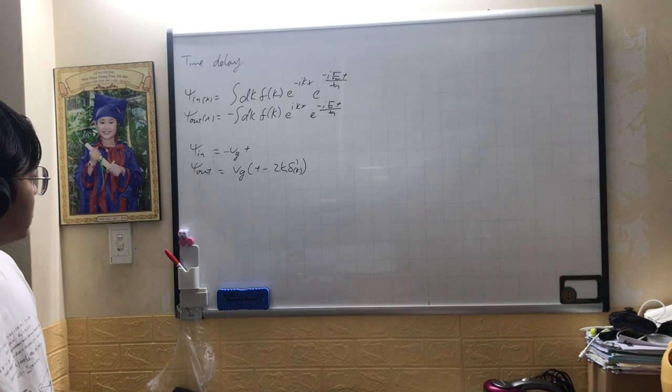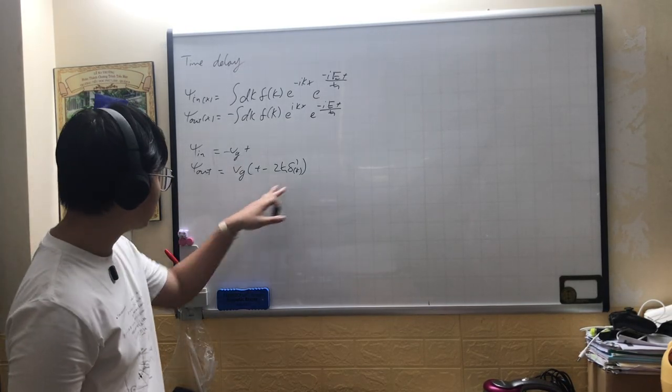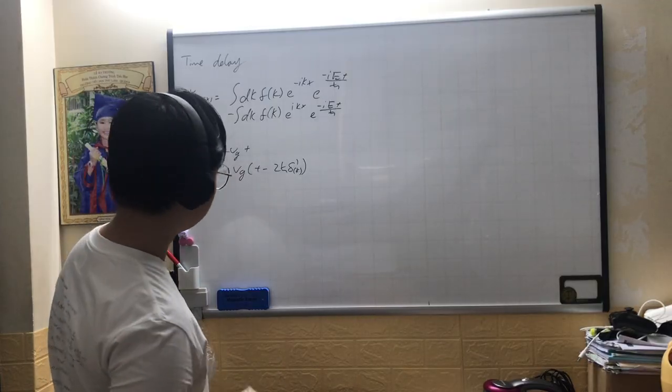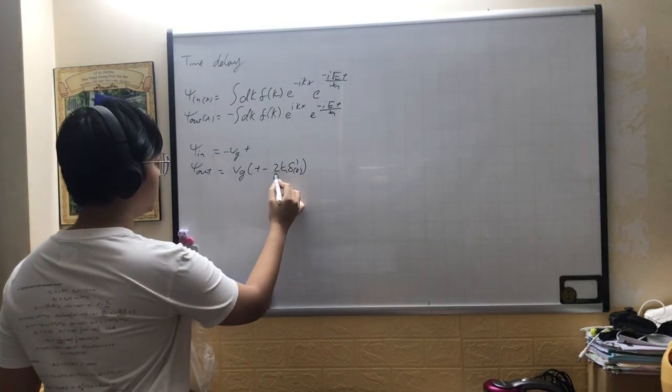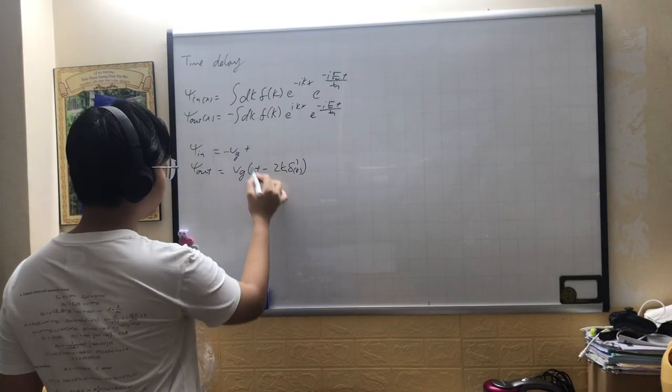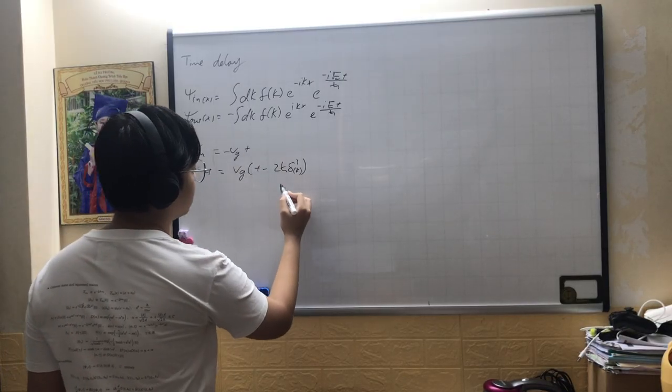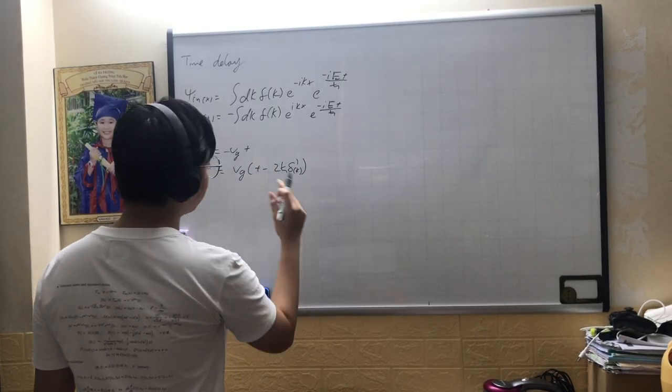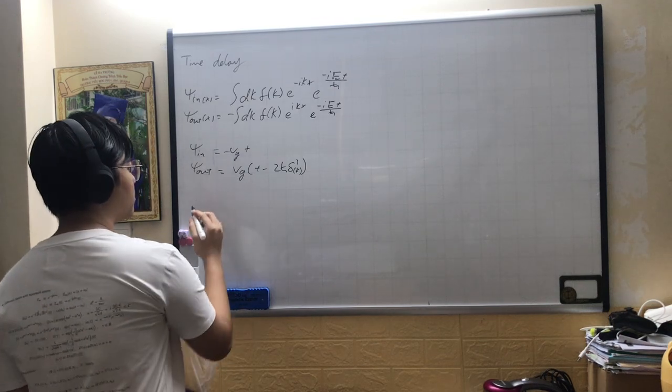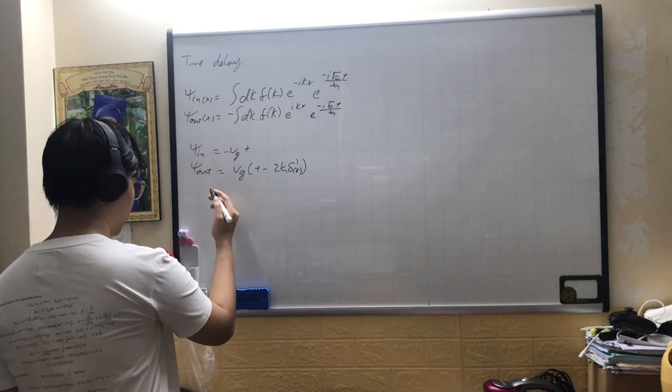Right, so now you have this. This term would be different from this term by a factor of 2ħ times the derivative of delta of k.